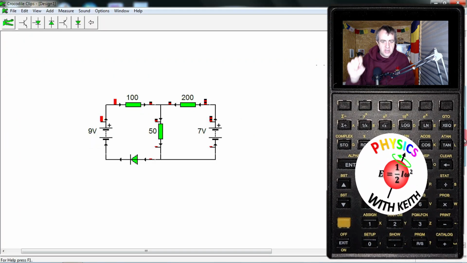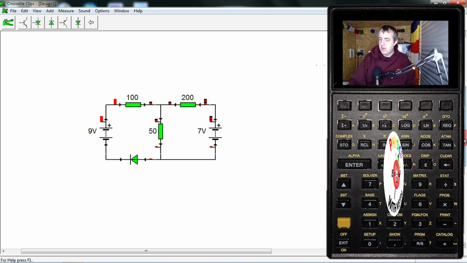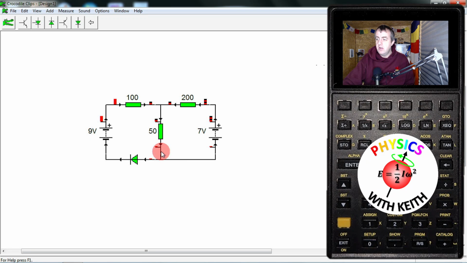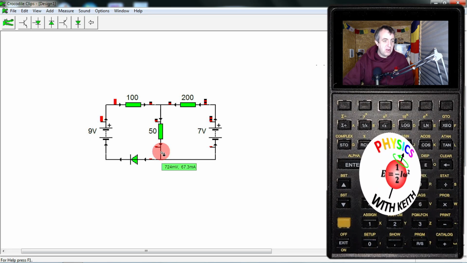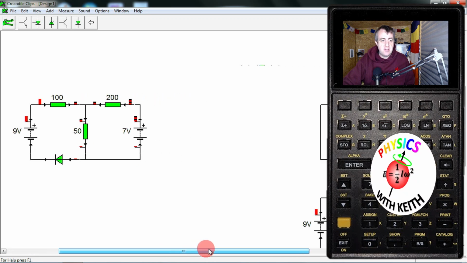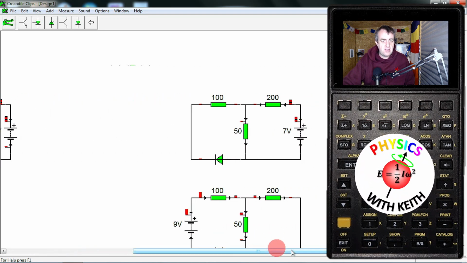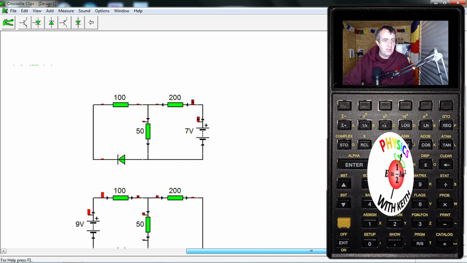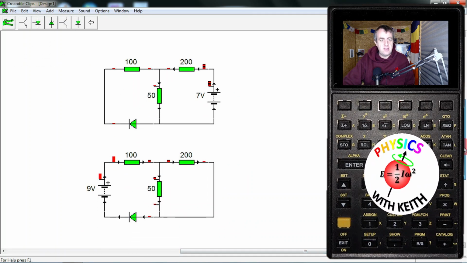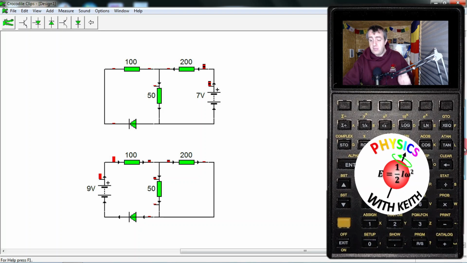If I were to chuck a cheeky little diode in this circuit, for example, and look what the effect is, the current down the middle is 67.3. Remember that number? Hold that number in your head. Let's break it into two separate circuits. So here they are, my two separate circuits, where I've replaced the power supplies with wires.